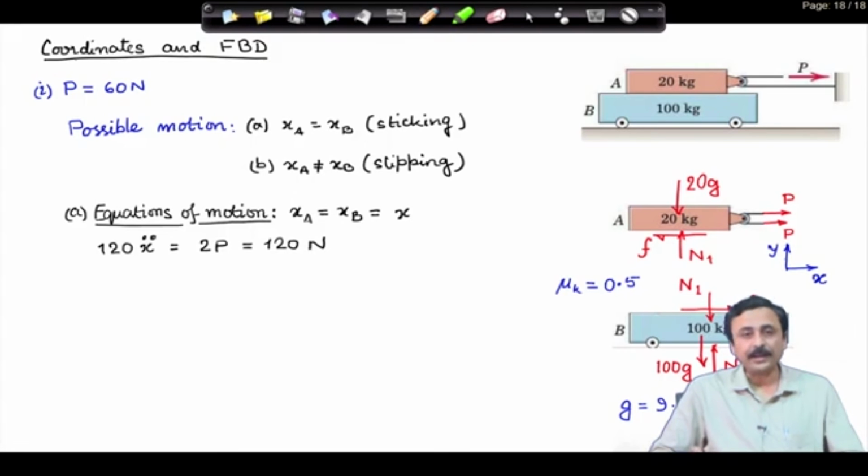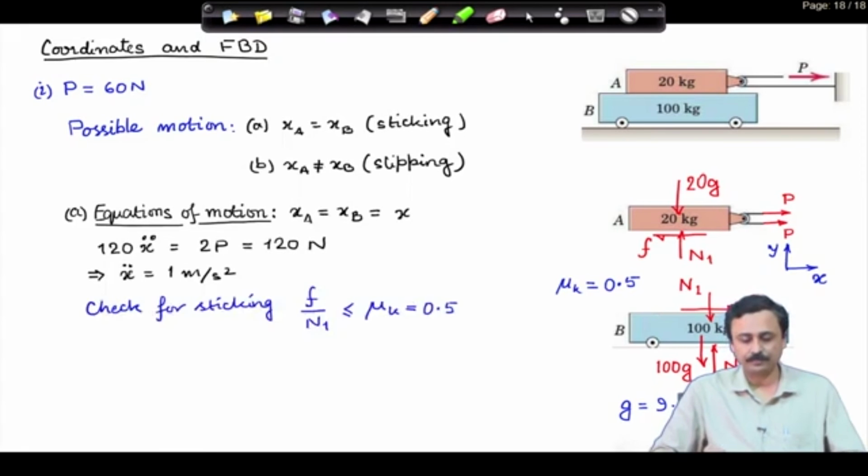Now, that is the equation of motion in the horizontal direction, and from here I obtain the acceleration of the composite 120 kg block. So, it is 1 meter per second square.